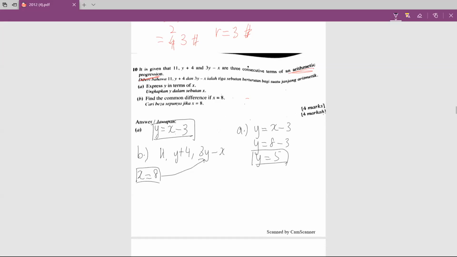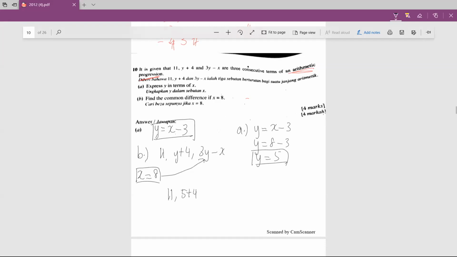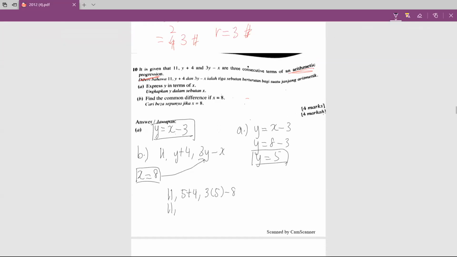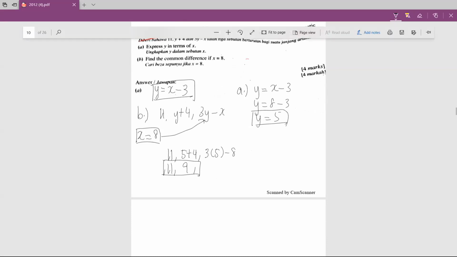Apply to the question. So, y plus 4 akan jadi 5 plus 4. 3y minus 8 akan jadi 3 times 5 minus 8. Betul tak? So, you dapat 11, 9. Alright? Dah cukup dah dua ni untuk nak cari common difference. Kalau you nak cari the next one, 3 times 5 minus 8, this one pun boleh. Kalau tak, tak payah.